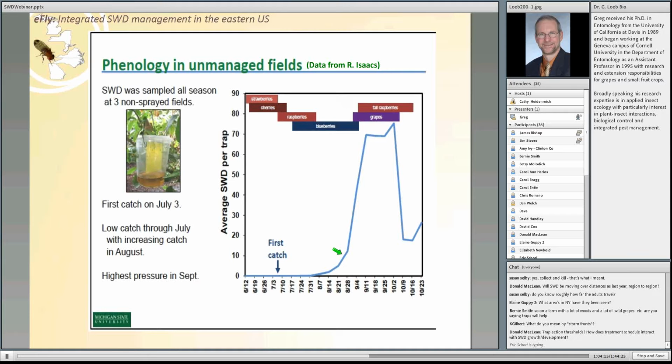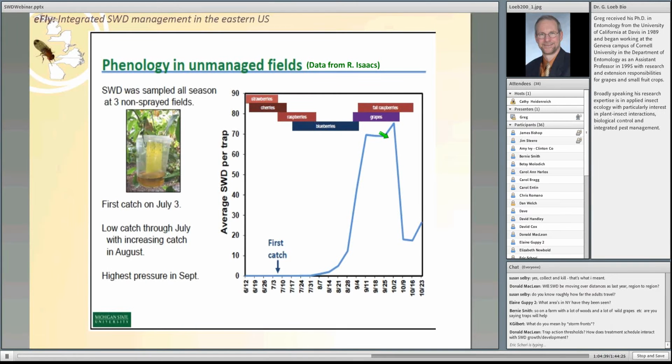This is something we're seeing in the east, and they also see it in the west. When they show up is a little bit earlier in the more mild climates or where the flies have been around longer. I think Rufus is starting to see initial catches a little bit earlier. I think Hannah in North Carolina is seeing them a little earlier each year. So we may see some of that, but really the big populations are building up late in the season.